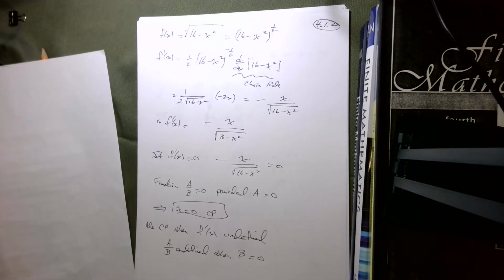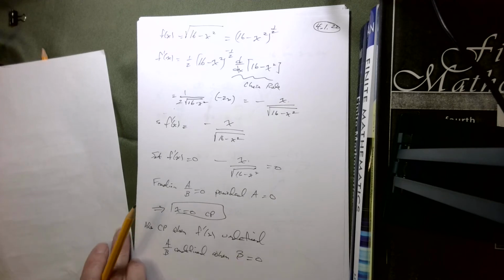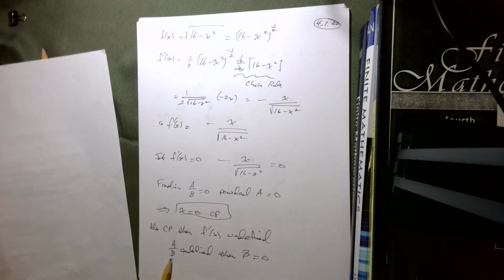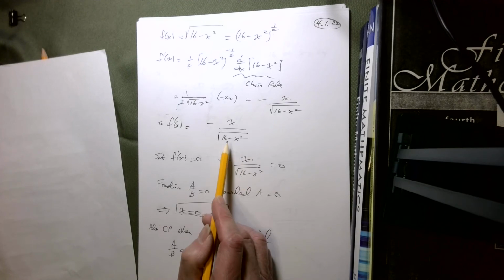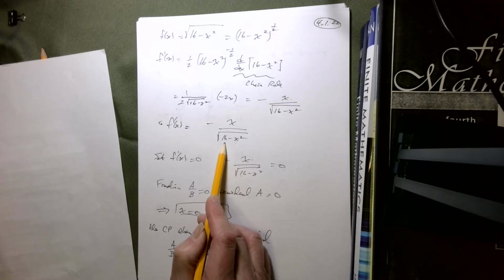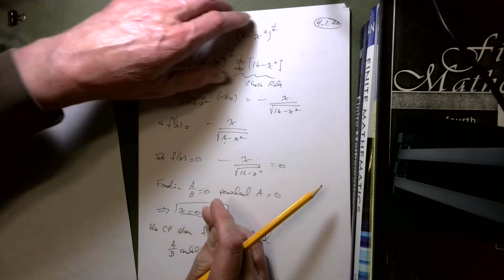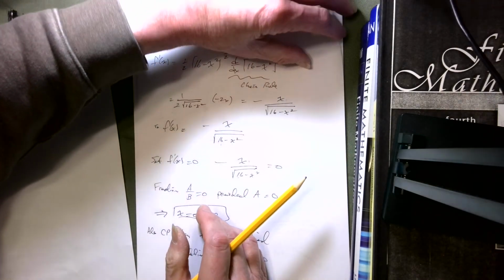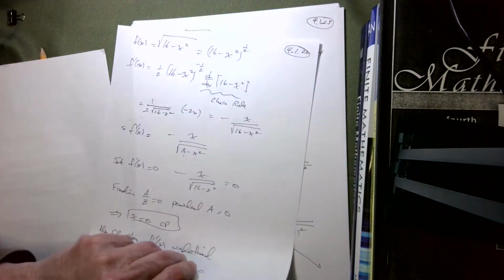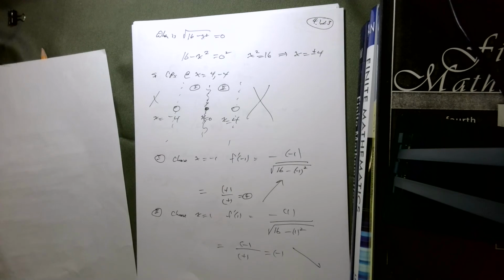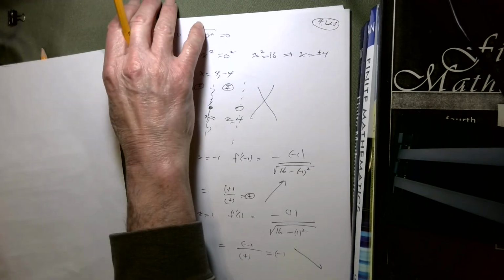Next type of critical point. A critical point is also when the denominator is 0. Which means, if you think about that, that's a plus or minus 4. So we have several critical points. We have the one where the derivative is equal to 0, and then we have the others.